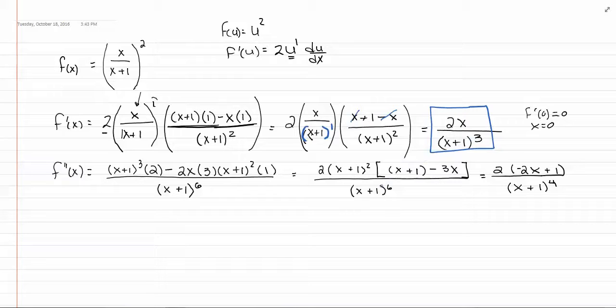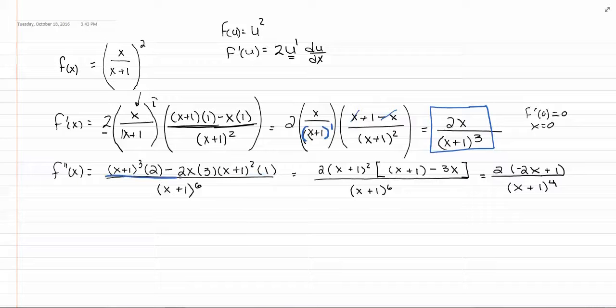So now you need the second derivative. So you go back through the process again. Bottom times the derivative of the top minus the top times the derivative of the bottom. So you bring down the 3 times (x plus 1) quantity squared, and then the derivative of the inside. So the derivative of x plus 1 is just 1.